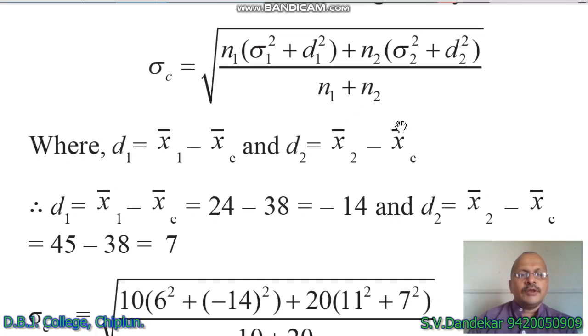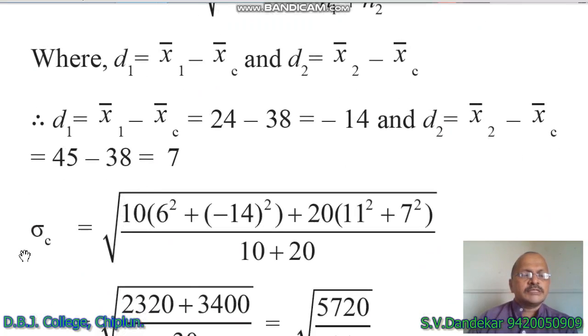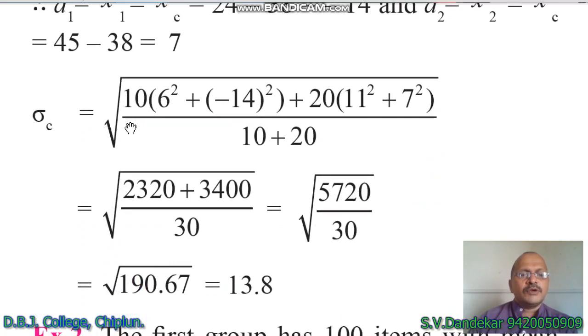Putting all the values in the formula, we get sigma combined is equal to square root of 10 into bracket 6 square plus negative 14 square bracket complete, plus 20 into bracket 11 square plus 7 square, divided by 10 plus 20.